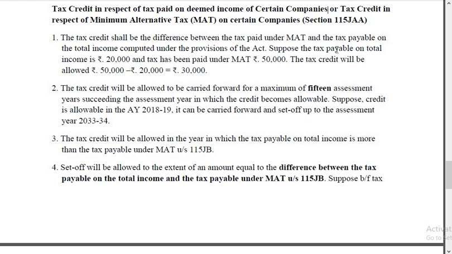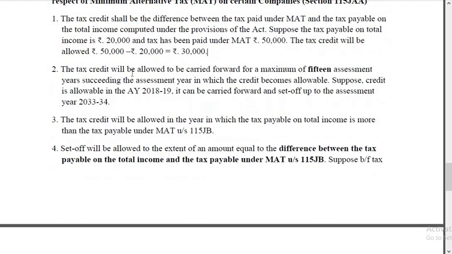Suppose the tax payable on total income is 20,000 and the tax paid under MAT is rupees 50,000. The tax credit will be 50,000 minus 20,000, that is 30,000. So the difference between the MAT and the tax on total income.